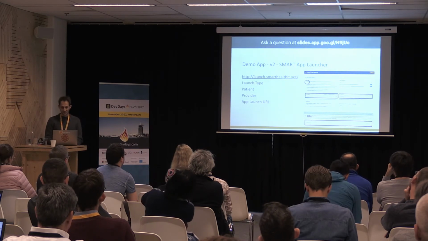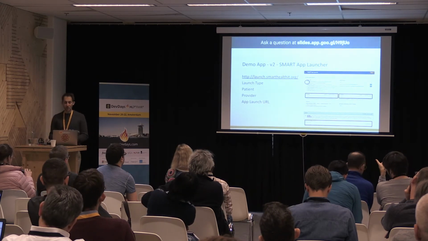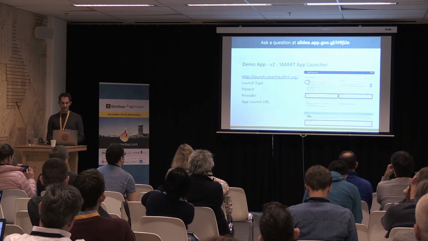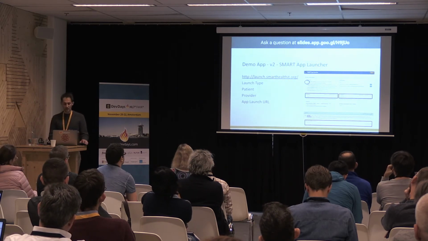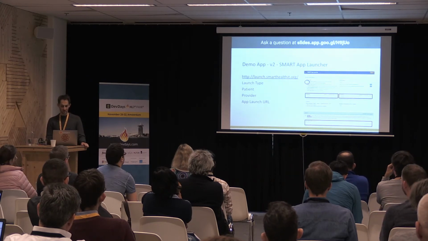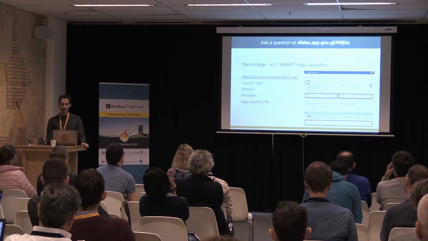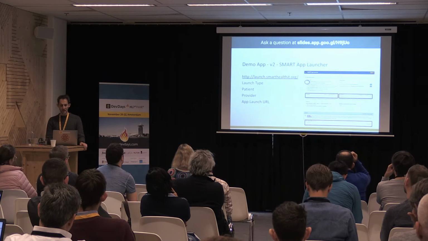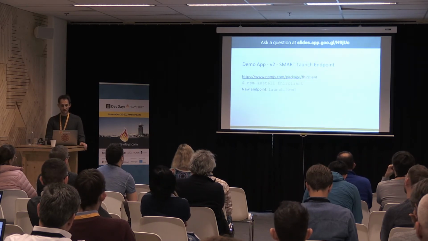For right now, we could ignore the patient and provider fields, but it's important to know they're there. We'll start by creating a new launch endpoint for our HTTP server. So the launch endpoint is just something that the app launcher reaches out to, and that initiates the smart launch.